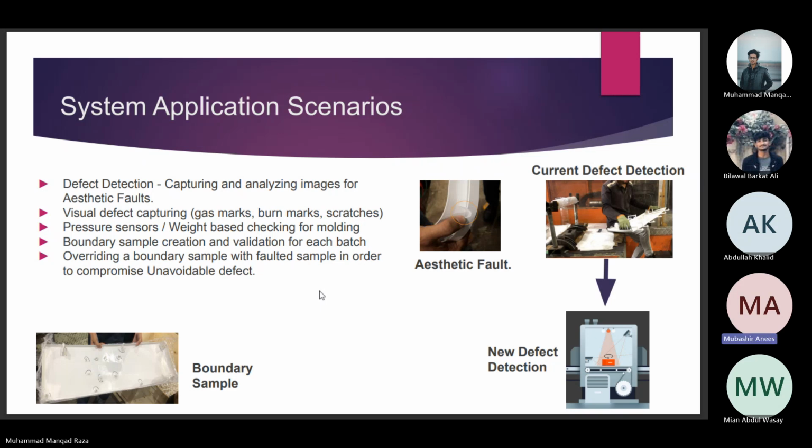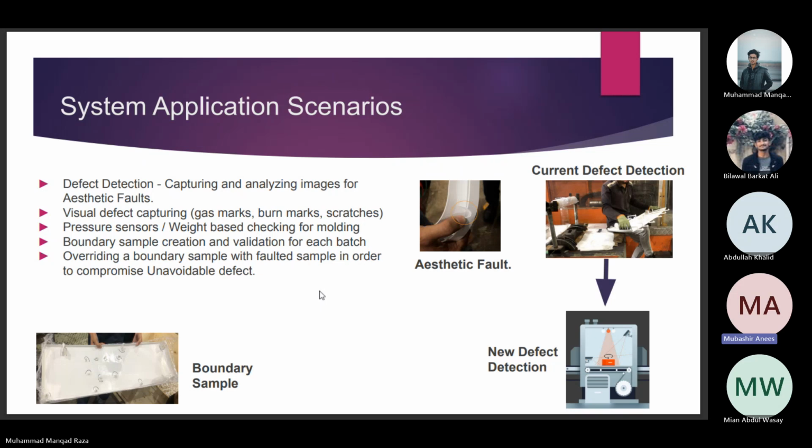Other than that, we will integrate pressure sensors and weight-based checks to ensure proper molding and product consistency. Also, to maintain quality, as we discussed, we use boundary samples, which are essentially reference models for each batch. This helps in setting a standard for defect detection.